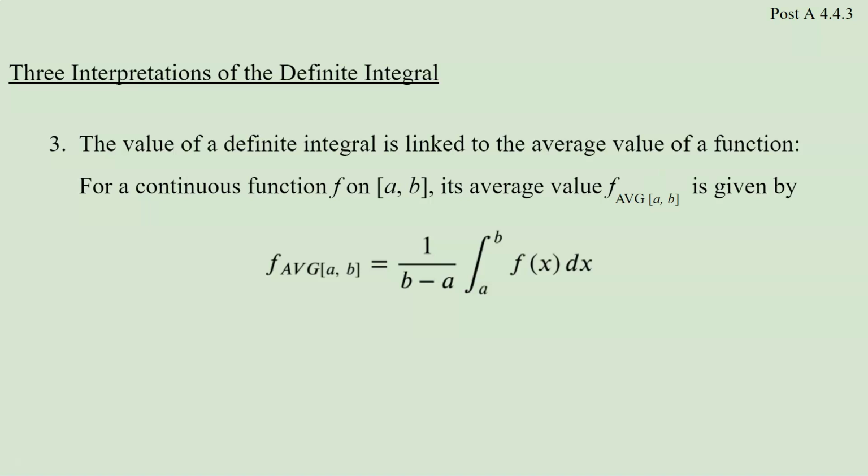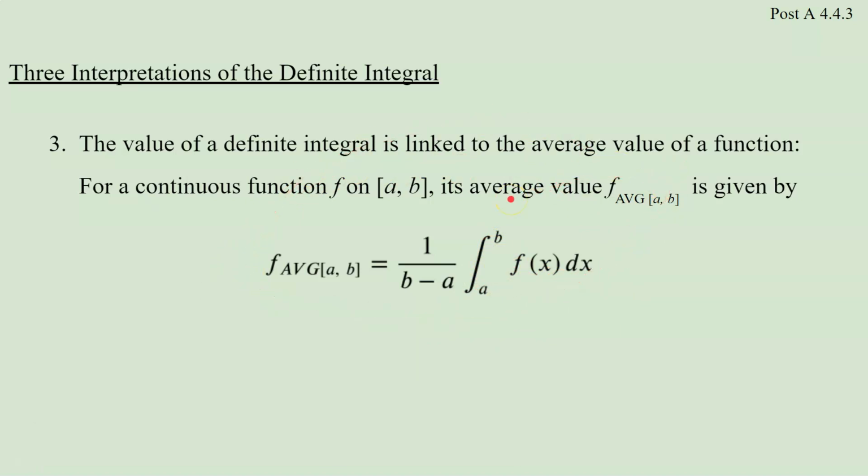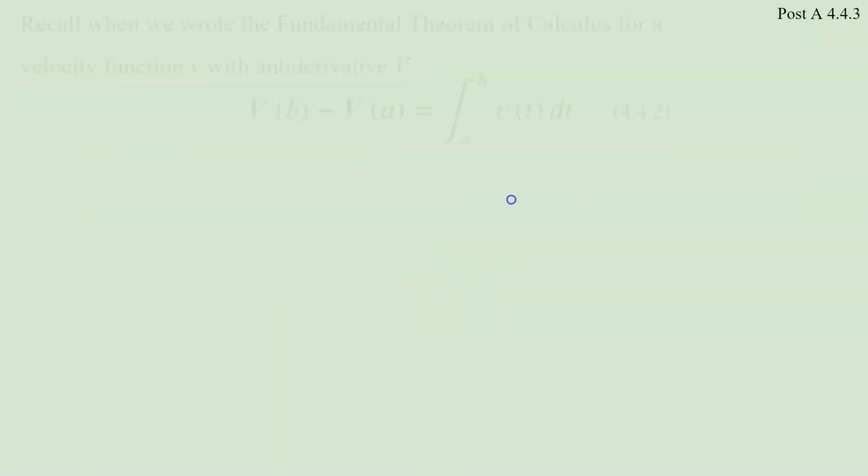The average output of a continuous function from a to b can be found by taking the definite integral from a to b of f of x dx and then dividing that value by the distance along the x-axis, b minus a. Or we say 1 over b minus a times the definite integral from a to b of f of x dx. Now, we have not done a lot of work with this yet. We kind of just threw this at you. We did maybe one problem with it and said, look, it works. But we're going to be doing more with it now.